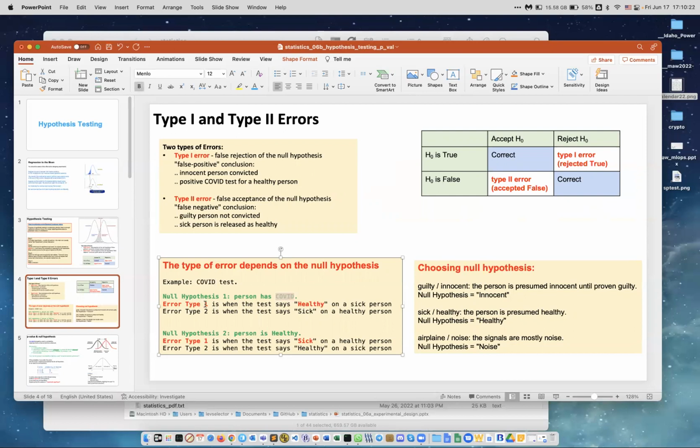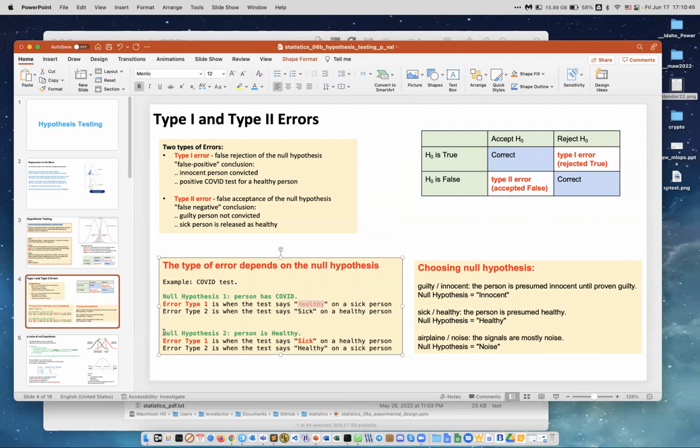Then error type 1 is when the test says healthy on a sick person. So the null hypothesis is that he is sick, and error type 1 is when we say he is healthy. So we're rejecting a null hypothesis, and this is type 1 error.